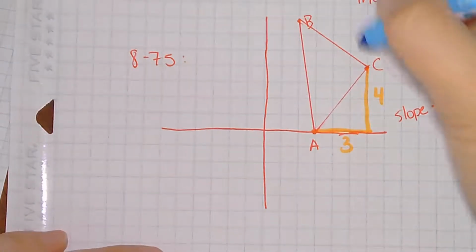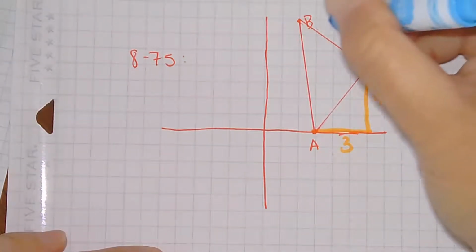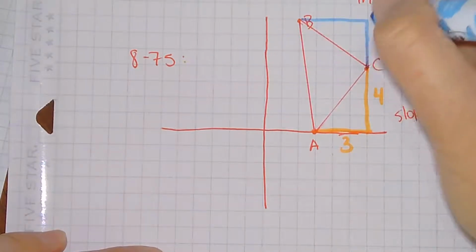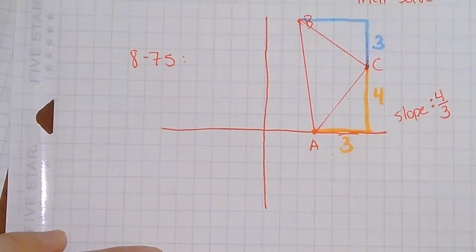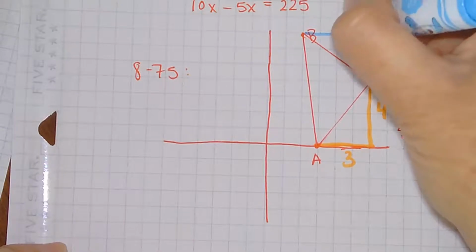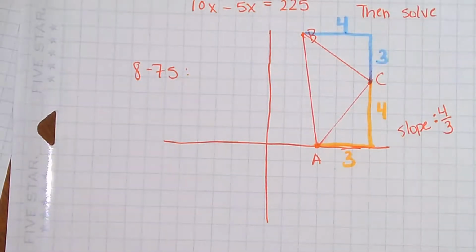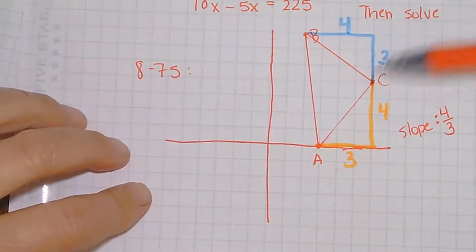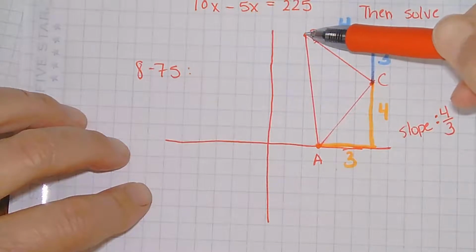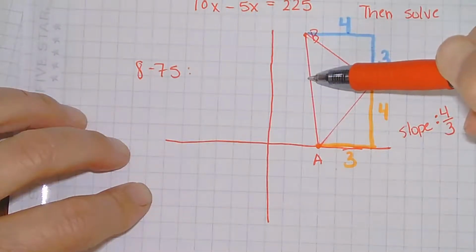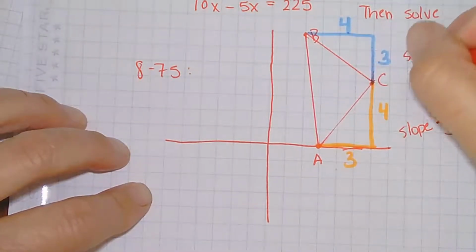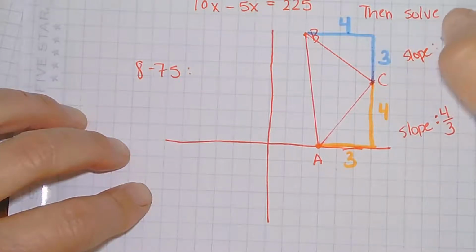And for the one between B and C, let me draw a slope triangle. This is going to be a distance of 3. This is going to be a distance of 4. And the numbers are the same, but they're in a different spot. So now I'm going down 3 over 4. So my slope is negative 3/4.